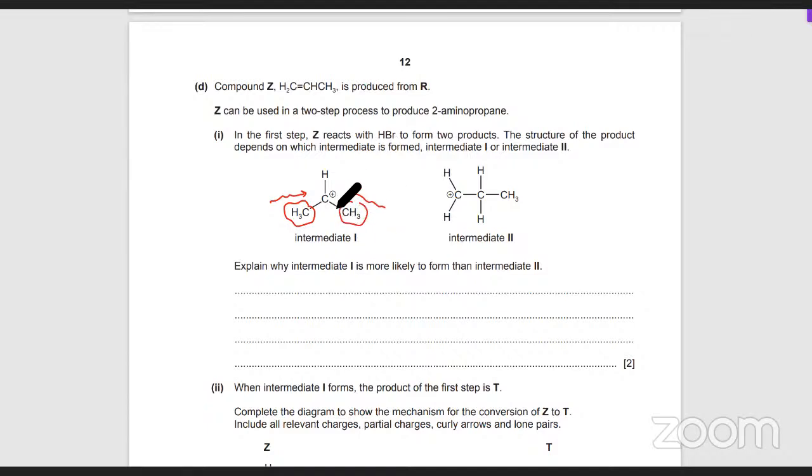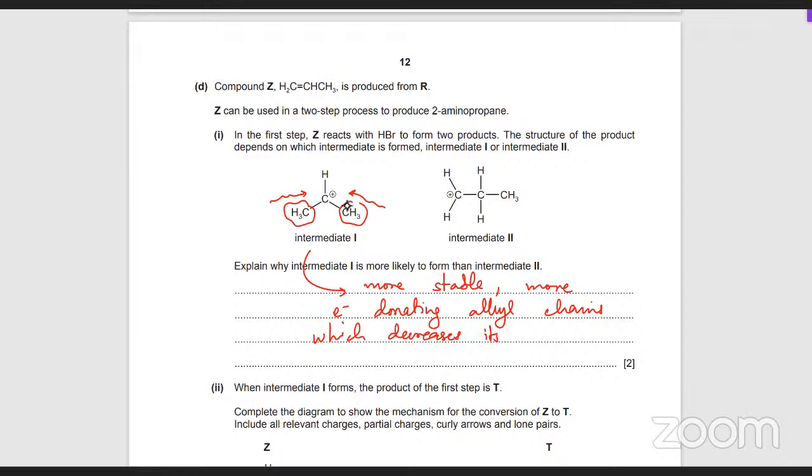So here you write that this one is more stable. Why? Because it's got more electron donating alkyl chains, which decrease its charge density.